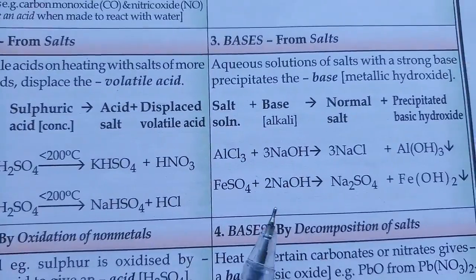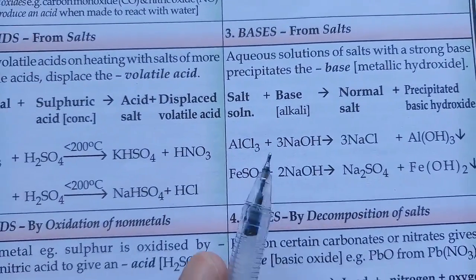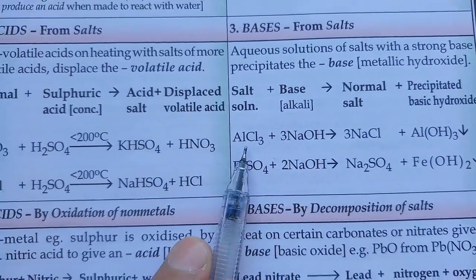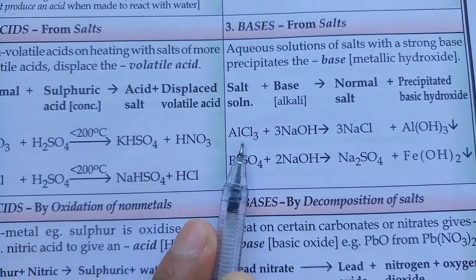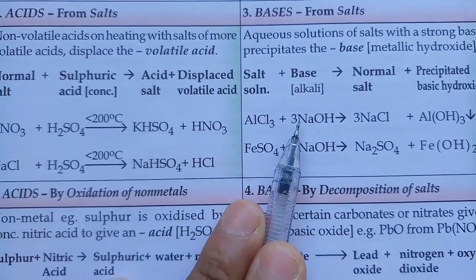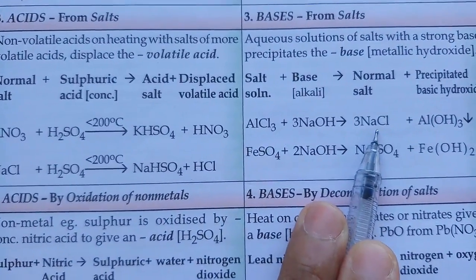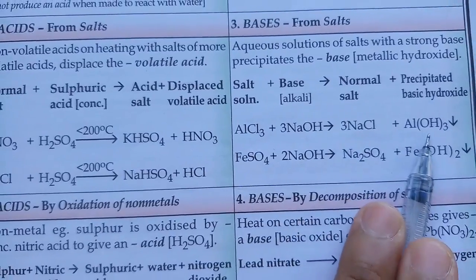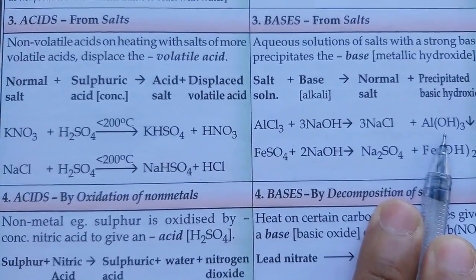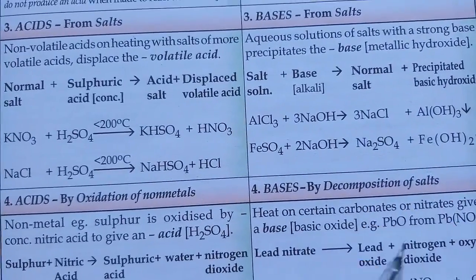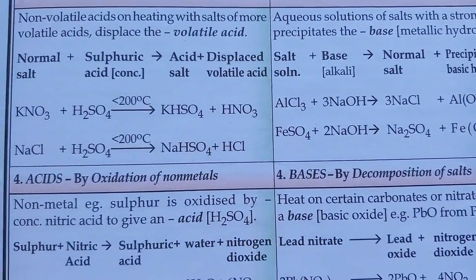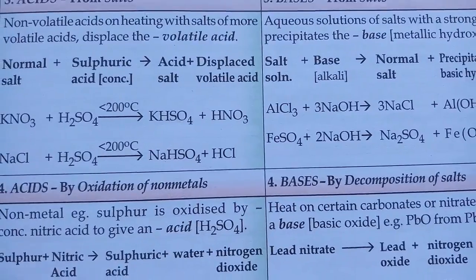If you take a look at bases from the salts, again this is a salt, aluminum chloride plus base, it gives you a normal salt, sodium chloride, and aluminum hydroxide, Al(OH)3. Now you know what salt actually is. I think you know, but still I'll touch on it a little bit.